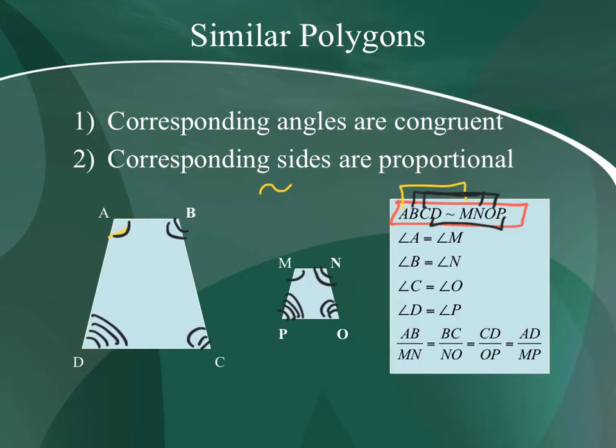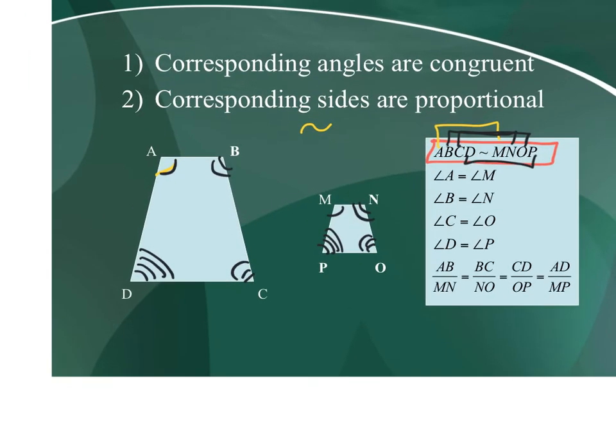Now, these sides here do not have numbers. I'm going to go ahead and add in numbers, and we need to make sure that when we match up the sides based on that similarity statement, they will all simplify to the same ratio. So I'll add in a 6, an 8, an 8, and a 10, and then put 3, 4, 4, and 5. Over here, this is my statement of proportionality.